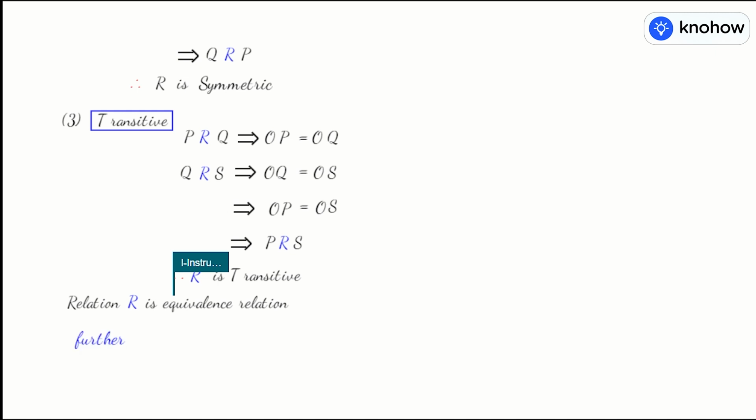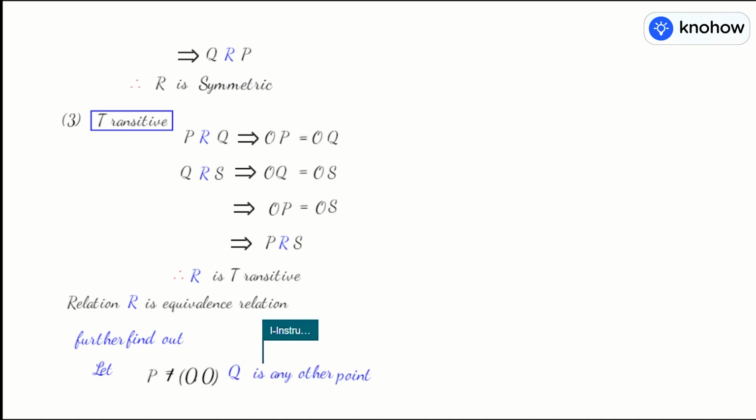We have further to find out, if we join all such points, what type of graph it will be. So here let P be any point other than 0, 0, and Q any other point, which are related. If P is related to Q, that means OP equals OQ.